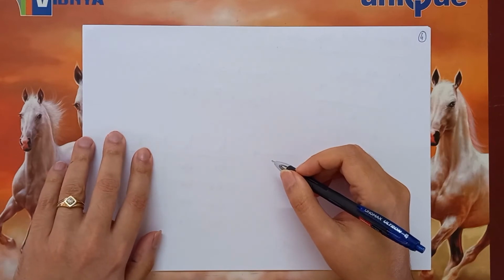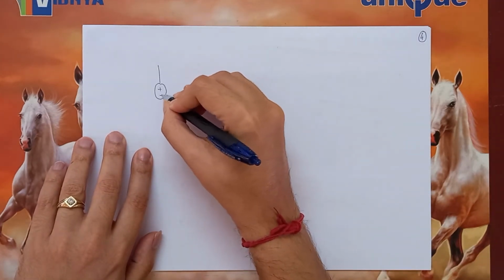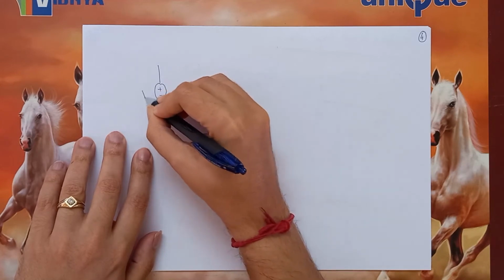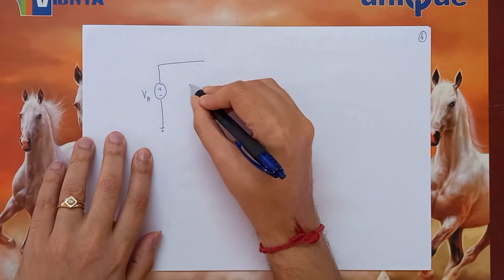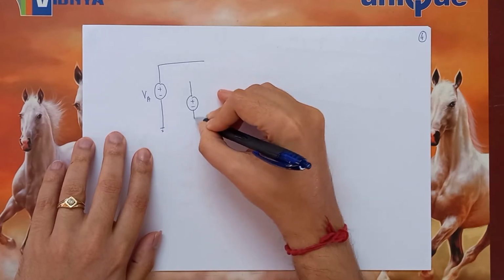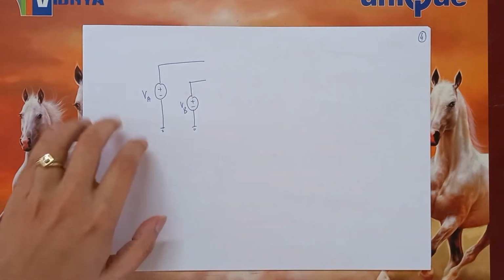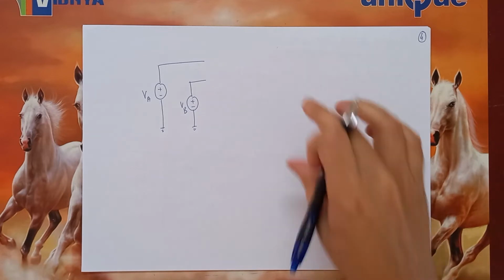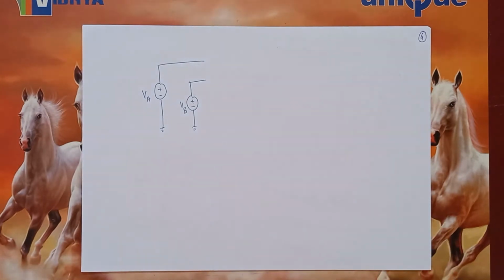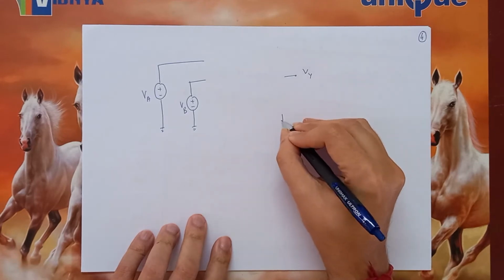Since VA and VB are inputs, we can assume that they are two voltage sources. Let us say they are DC sources. This I will call VA. One more I will call VB. Let us say they can take two values, either 0 volts or 5 volts. And somewhere, let us say over here, we will measure VY with respect to ground.